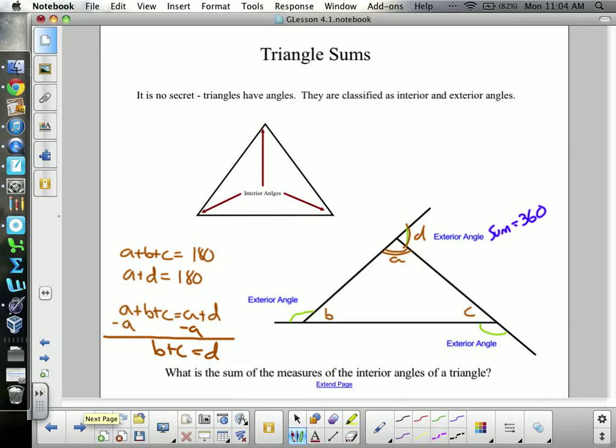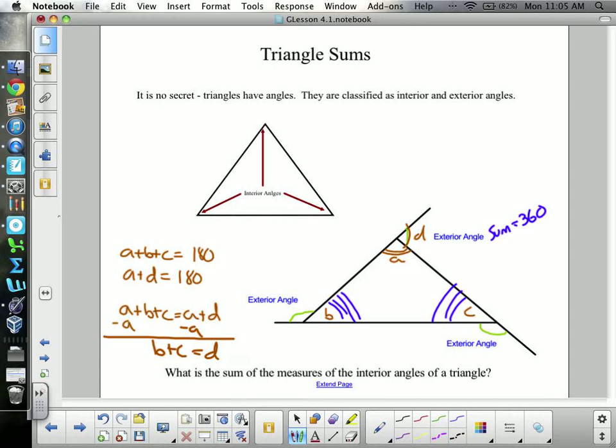So that's kind of interesting that in a triangle, these are what we call remote interior angles to this exterior angle. All right? That's going to get 4 because I want to have different marks. Okay, if this is the exterior, then these two are the remote interiors. If this is exterior, then these two are the remote interiors. But the measure of the exterior always is a sum of the remote interiors.